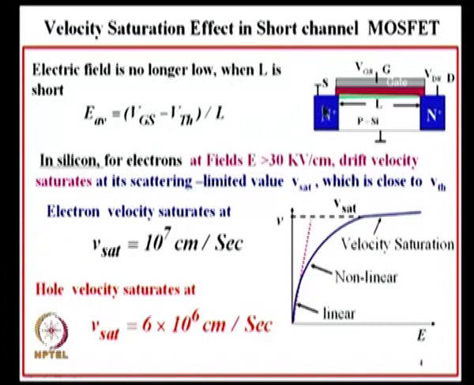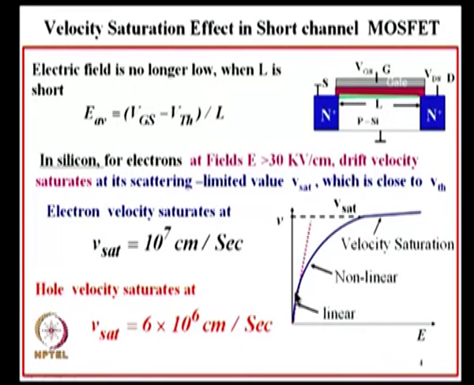Now, you can think of how much the electric field will be, that is, whatever voltage drop is there divided by the channel length, that is the average electric field. So, now you will see that as the channel length becomes shorter and shorter, the electric field becomes larger and larger.